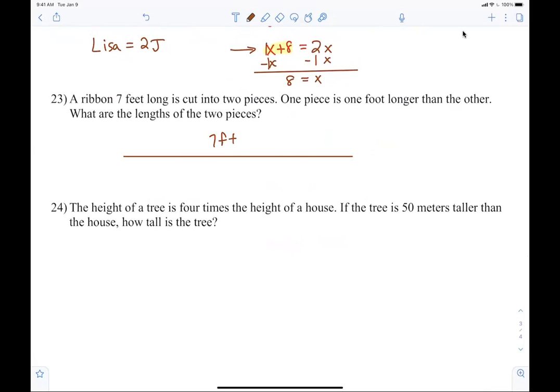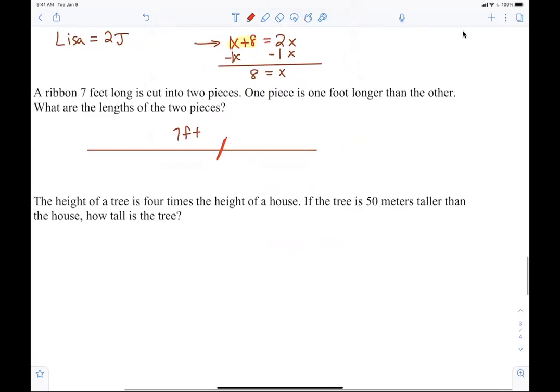Okay, so now tell me what I'm doing to the ribbon. One piece is 1 foot longer than the other. Okay, and what are the lengths of the 2 pieces? So there's 2, right? So here's piece number 1, and this is piece number 2, right?